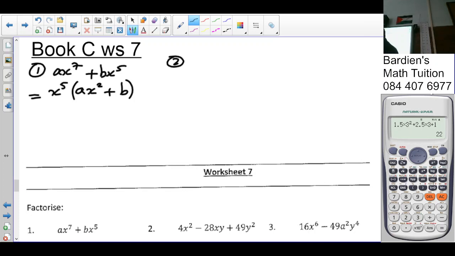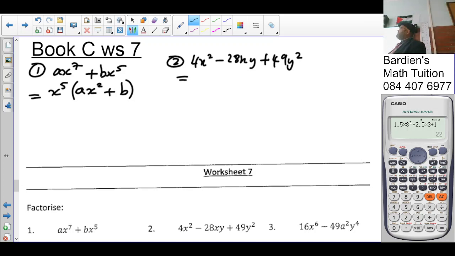What's common here? Oh, we first write this out first. See anything common here? Is there anything common in number 2? No. It's a trinomial. What's the square root of 4x squared? 2x.